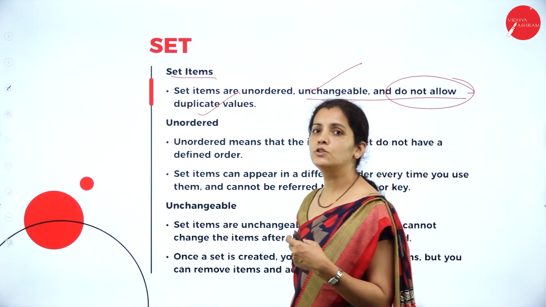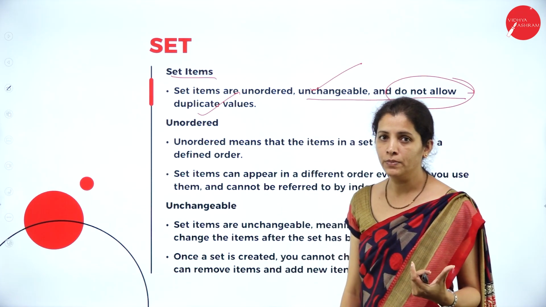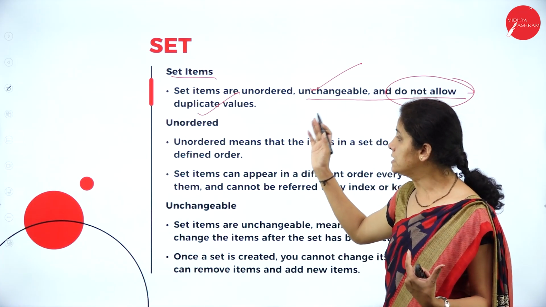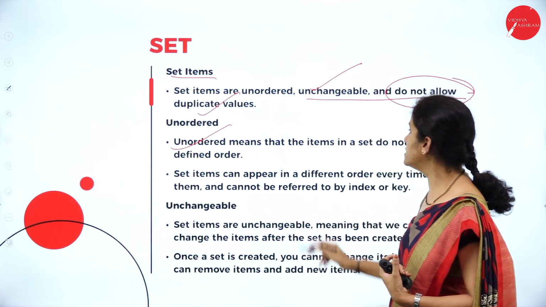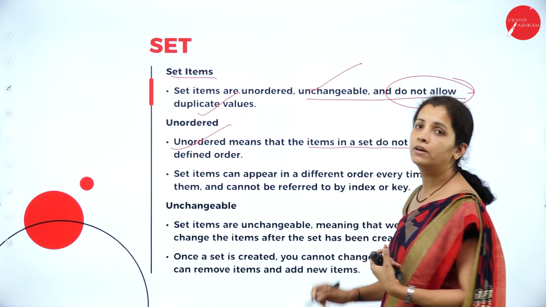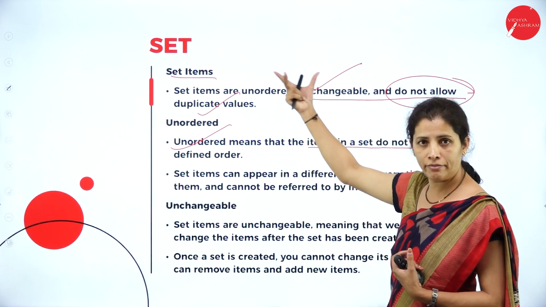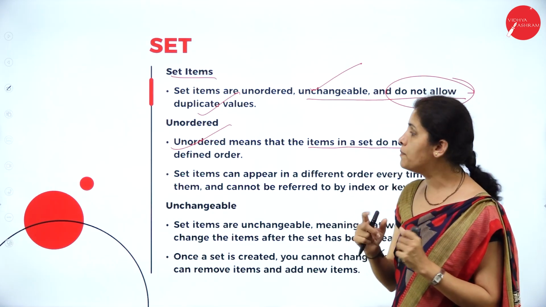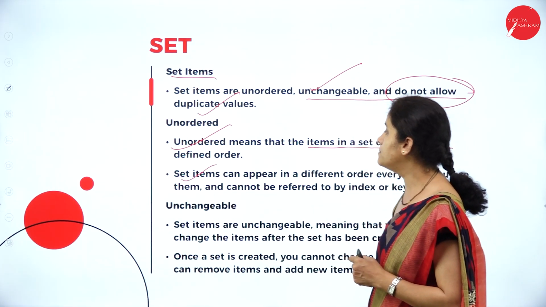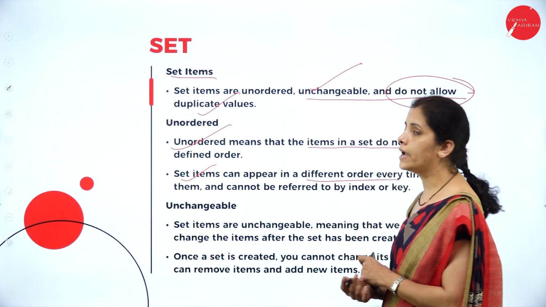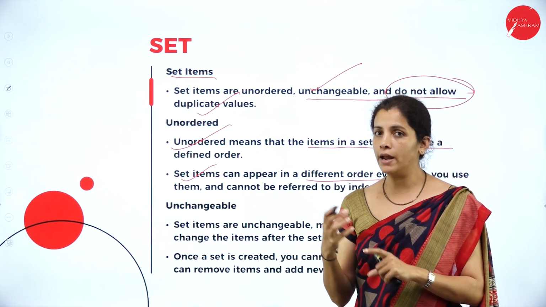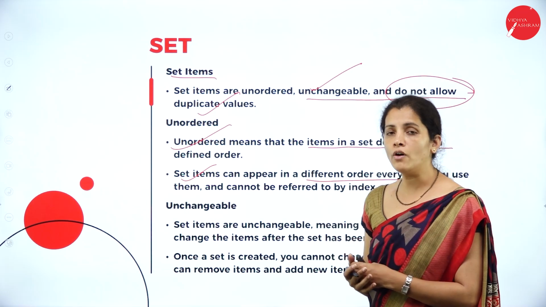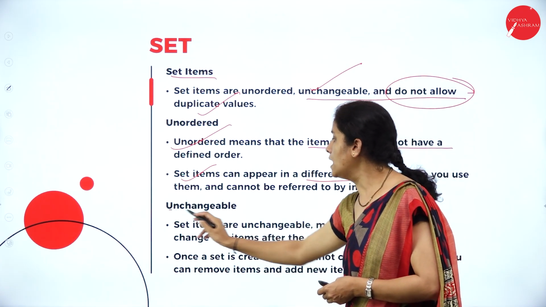In the sense that it does not support multiple entries of the same value. The same value cannot be entered or stored twice in the set. So unordered means that the items in a set do not have a defined order. How I defined them, in the output or while extracting, I won't get the same order. Set items can appear in a different order every time. In the sense that each time I run the set, I'm going to get a different order of data elements.